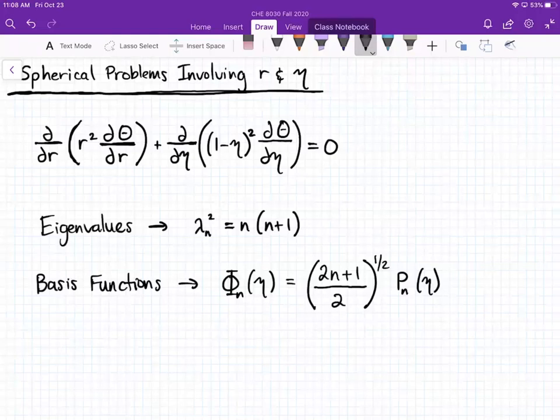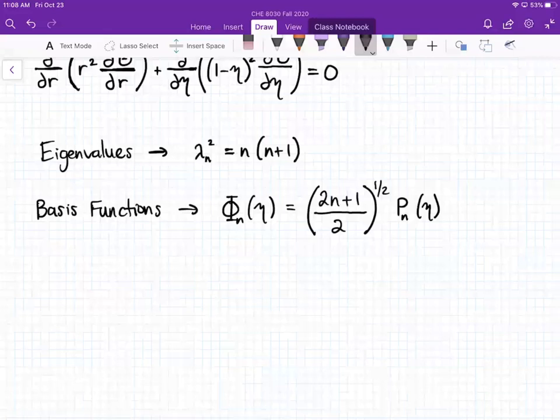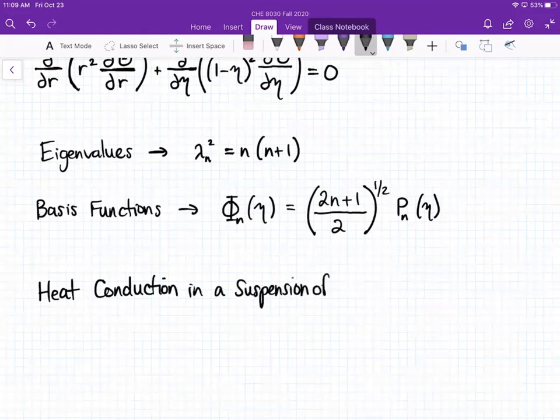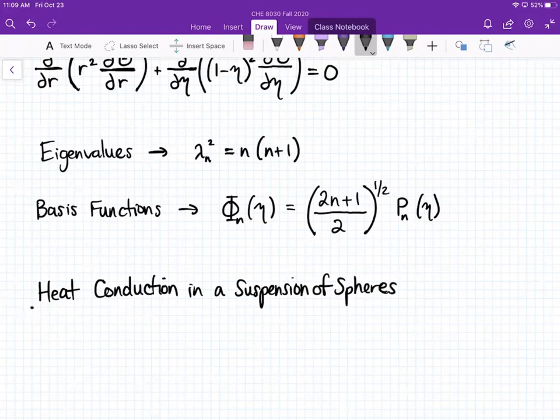Okay, so let's solve an example problem for this particular scenario of a spherical problem that involves r and eta. So the example problem we're going to solve is heat conduction in a suspension of spheres.